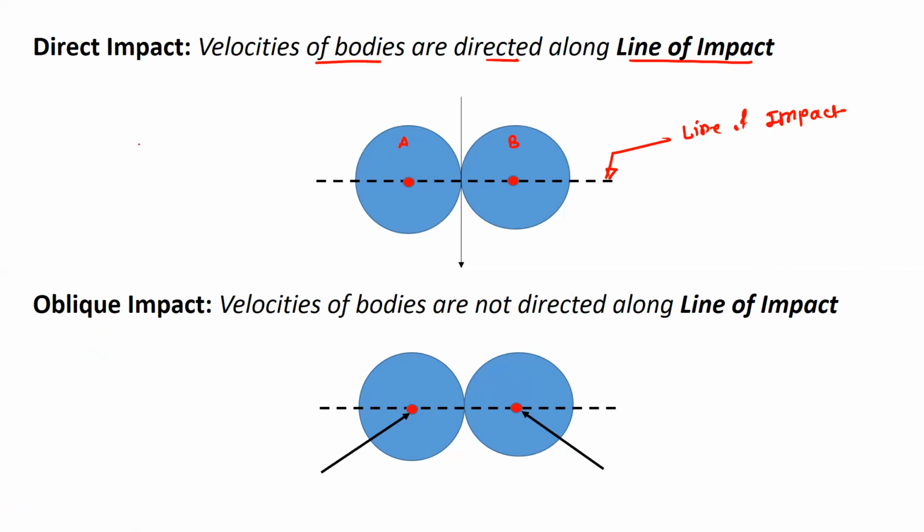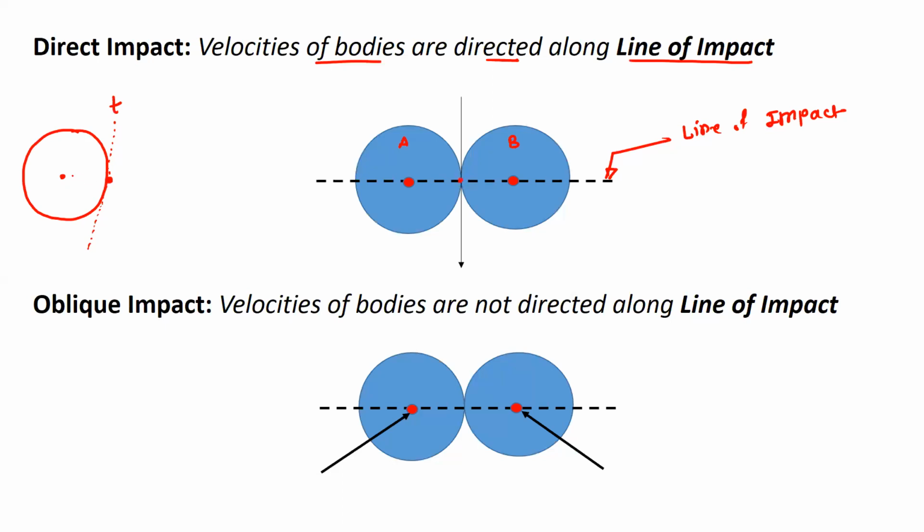So what is the meaning of common normal? Let us take this as the contact point on the mass A. This is the center of gravity for the mass A. This is the contact point with the object B. At this point, if you draw a tangent line, this is the tangent line.